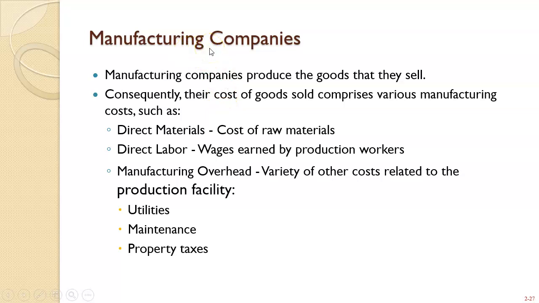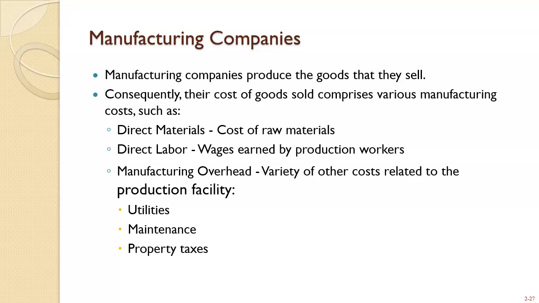Okay, manufacturing companies. We've kind of talked about this a little bit already with our discussion on gross profit, cost of goods sold, inventory. So anytime you see the word manufacturing, that's talking about a company that manufactures inventory that they sell. And so with those type of companies, you're going to have cost of goods sold.